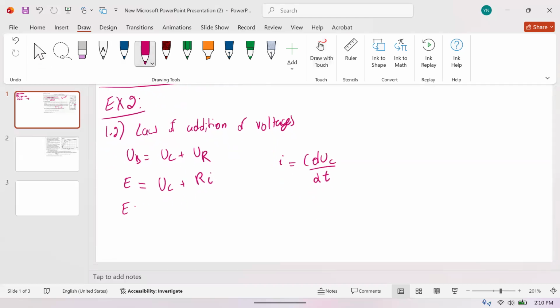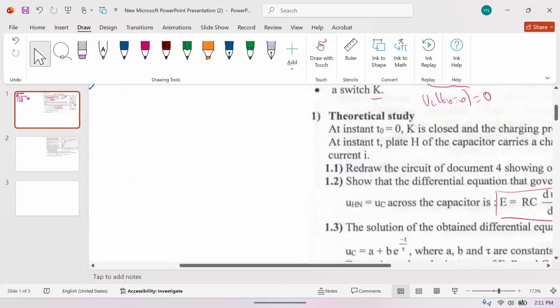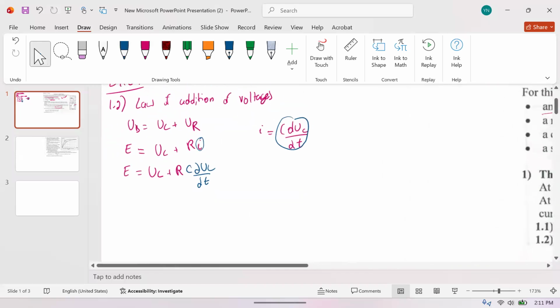So E equals UC plus R, and I replace I here by its formula, C dUC over dt. Sometimes they ask for one more step, which is to divide the whole thing by RC, so we can get to the last version of the differential equation. Since they don't want that now, I simply stop.